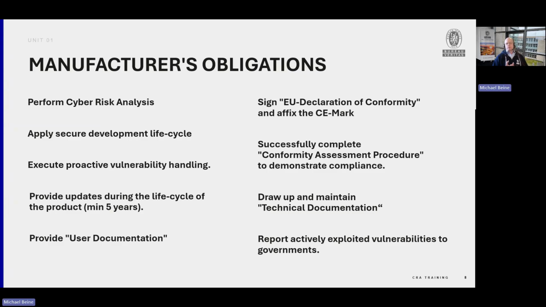And also for distributors, that is the third role in the thinking of the CRA, the distributors and retailers who make products available. They don't change the product, it stays the same, but it is handed over to the next level and then sometimes ends at the consumer or at the user. They also have obligations. These are more the due diligence obligations. So in all these roles, this CRA applies.